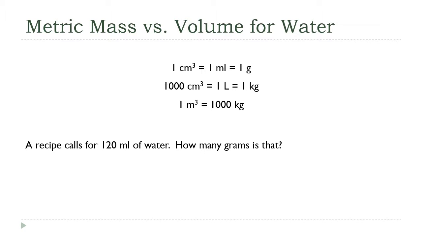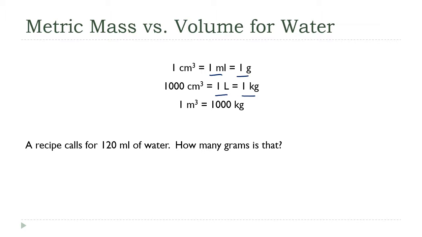Right, now also at the end of the last lecture, we saw that 1,000 cubic centimeters is equal to 1 liter. Right, well, if I multiplied everything on the first row by 1,000, you multiply a gram by 1,000, you get 1,000 grams. 1,000 grams is a kilogram. Right, so again, milliliters to grams, liters to kilograms.